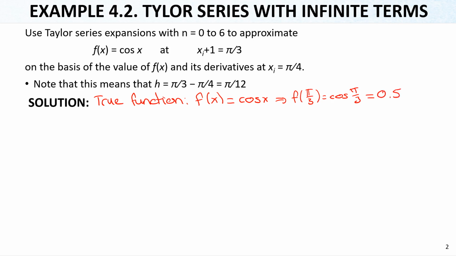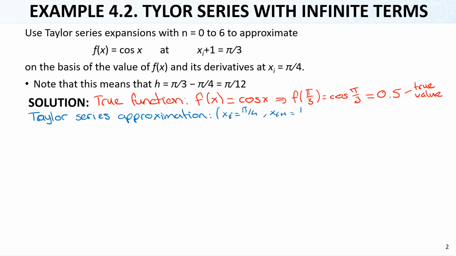So let's keep this in mind. This is the exact value, true value. And now we will use Taylor series approximation. And for that, we will use xi as pi divided by 4 and xi plus 1 as pi divided by 3.